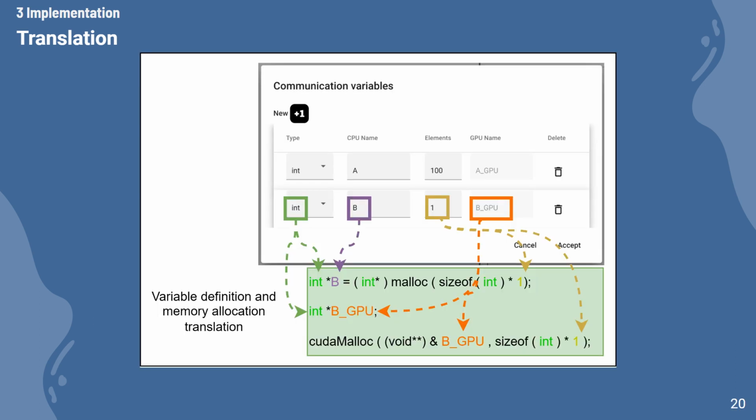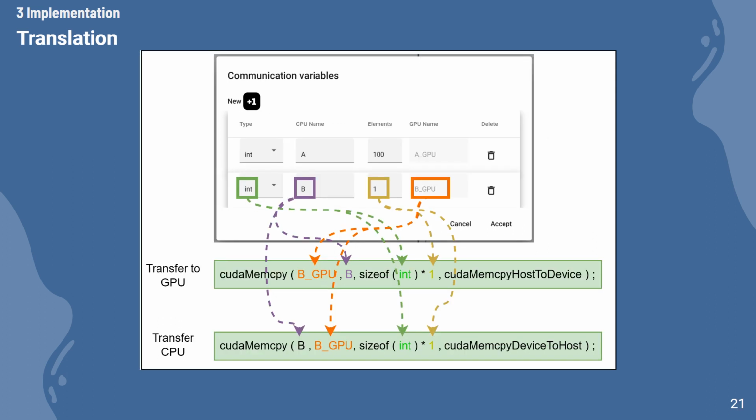From the communication variables, the translation is performed to create a variable on the CPU and allocate memory using the appropriate C syntax. This is achieved by using the memory allocation instruction malloc. Similarly, for the GPU, CUDA syntax is used to create a variable and allocate memory on the GPU using the cudaMalloc instruction.